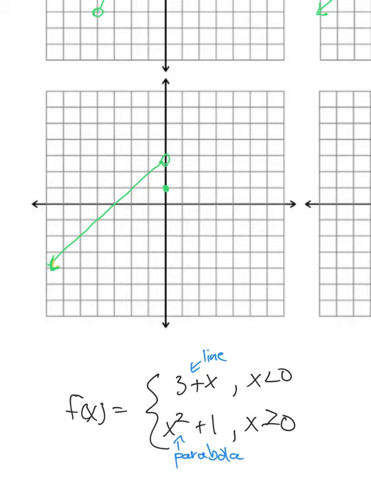Most importantly, the vertex. I know that x squared plus 1 is a regular parabola that's just moved up one spot. So I know the vertex is actually at 0, comma 1. So I know the next part should look like a normal parabola going up just like so.